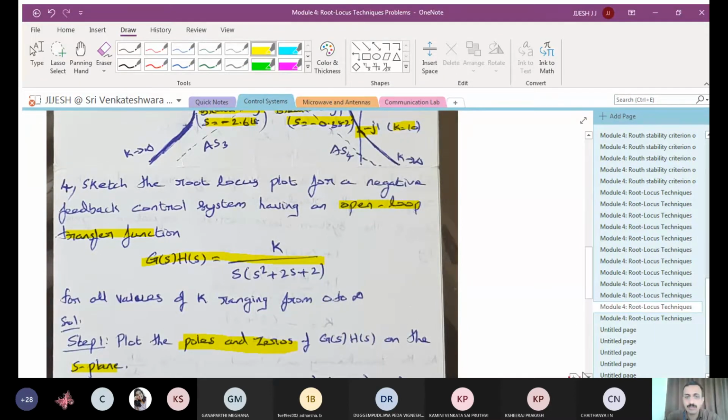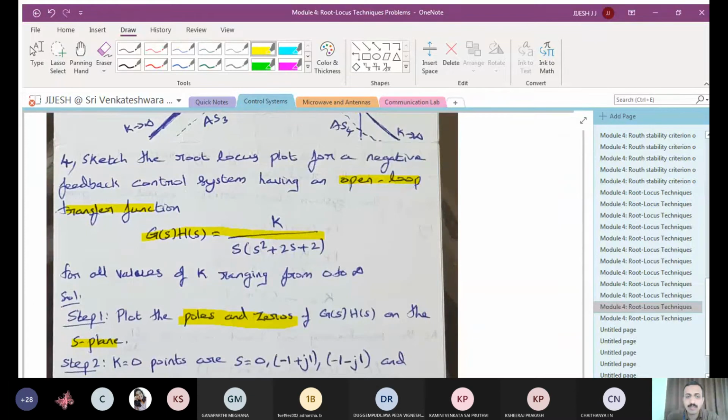So when you solve it, how many zeros will you get? Zero zeros, okay. And how many poles? We will see that at k is equal to 0, you will get s is equal to 0 and s square plus 2s plus 2 is equal to 0. From there you can find it will be minus 1 plus j1 and minus 1 minus j1.